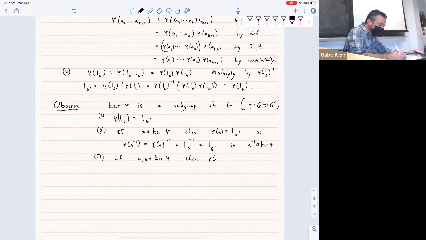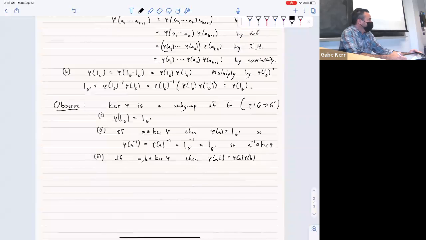Phi of A times B, now we just use the defining property, is phi of A times phi of B. It's a homomorphism, so I can do that. And each of these, because they're in the kernel, is sent to the identity of G prime. So this is 1 of G prime times itself, which is just 1 of G prime.